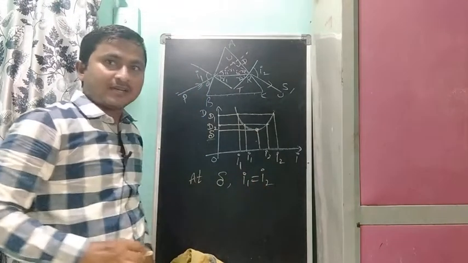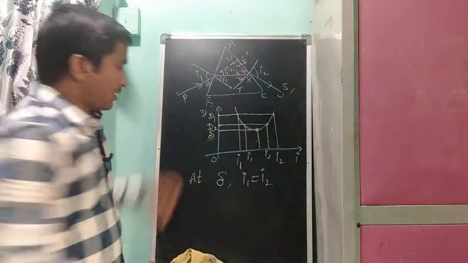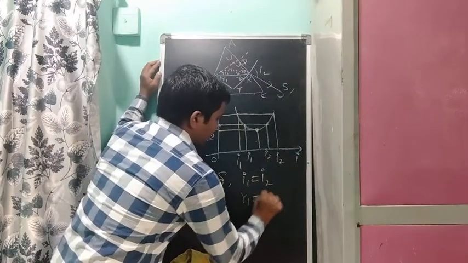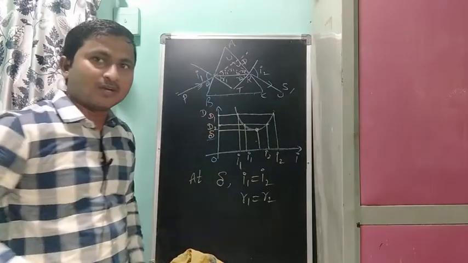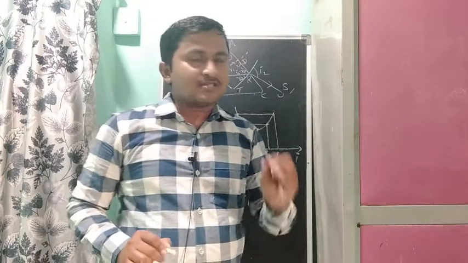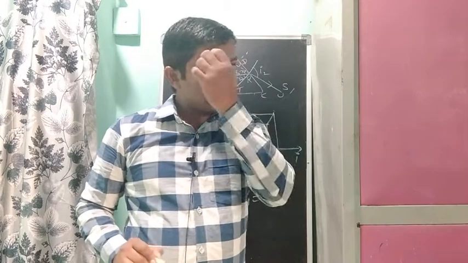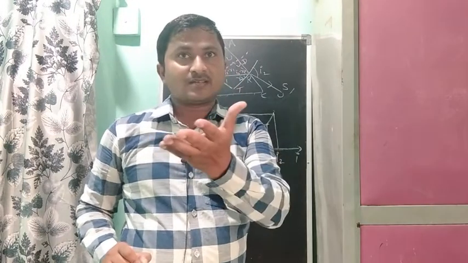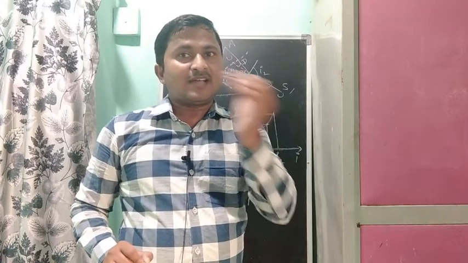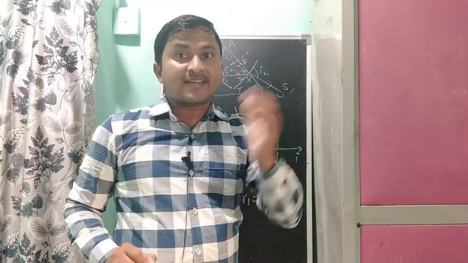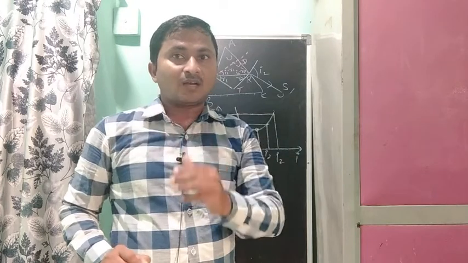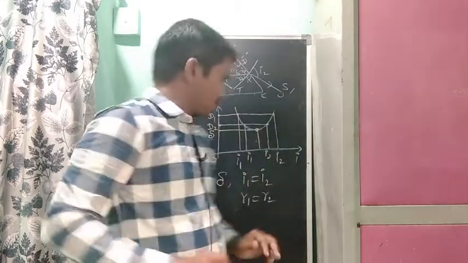Automatically R1 becomes equal to R2 according to Snell's law. According to Snell's law, sin I by sin R is constant. If I1 and I2 are the same, to keep sin I by sin R constant, R1 and R2 must be the same.